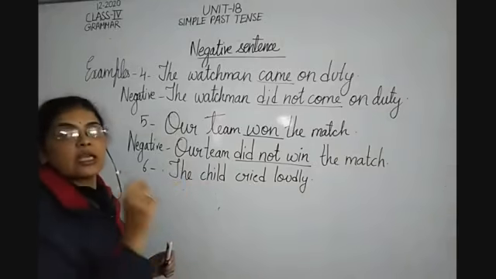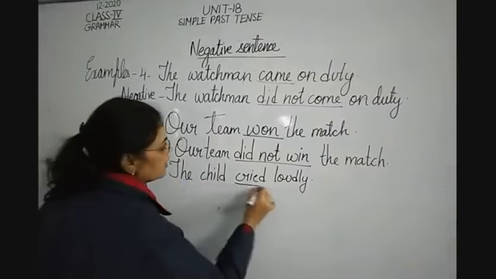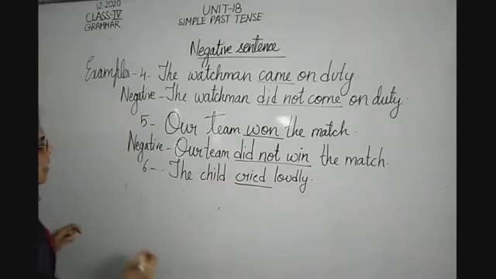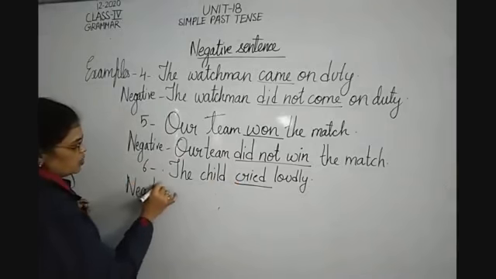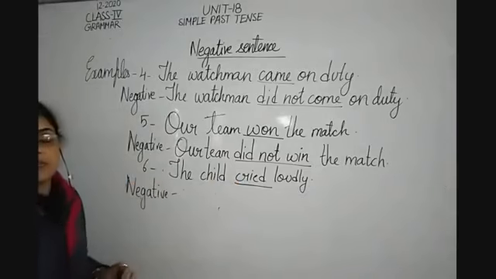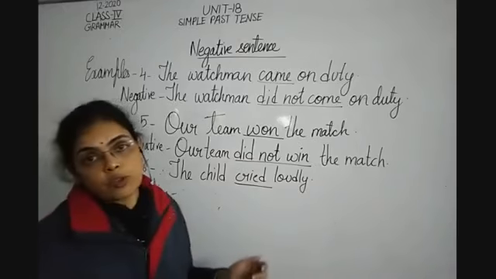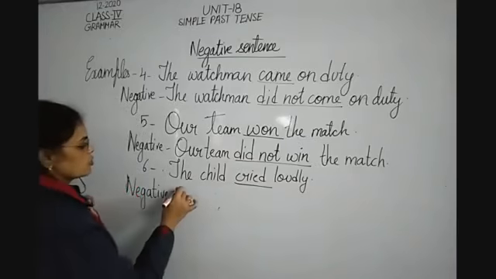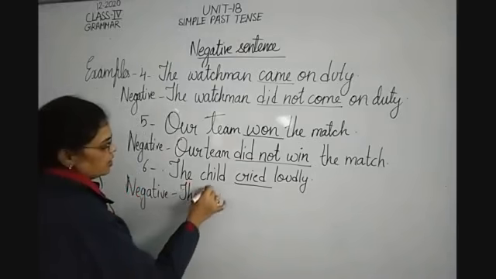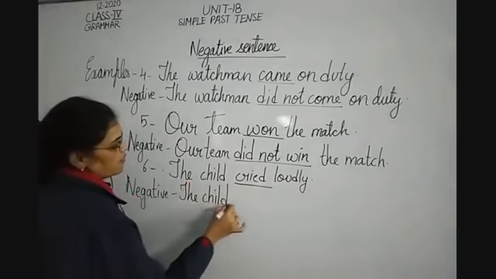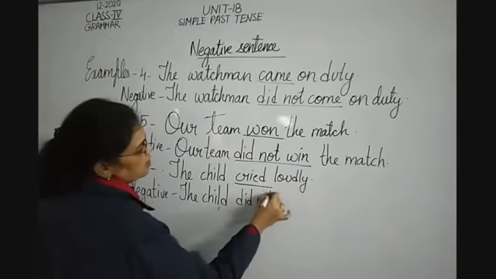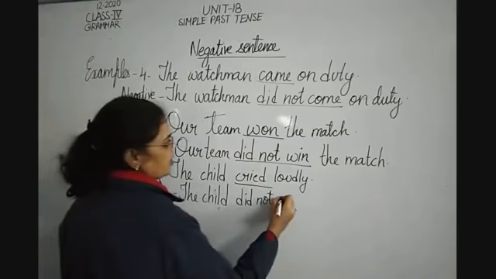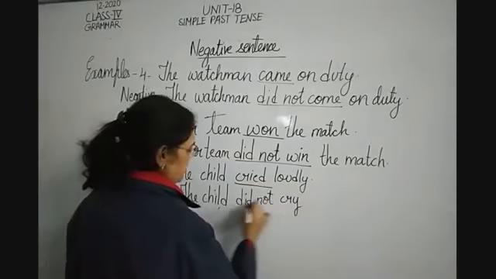Identify and underline the word. Word क्या है? Cried. And now the next step is, once you have underlined the word, you know that you need to bring back the verb to its root form. So what are you going to do? You write the subject. Subject क्या है? The child. After that you write did not.